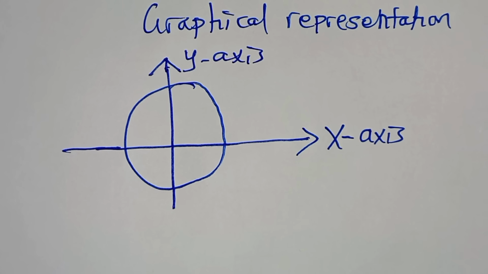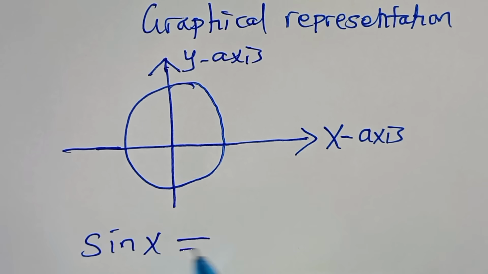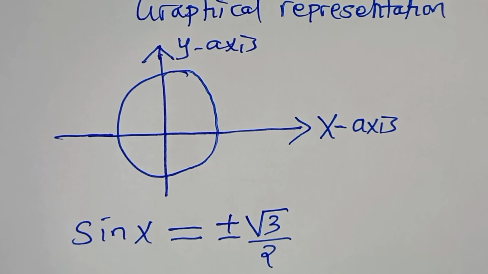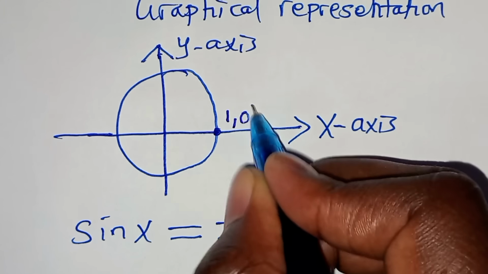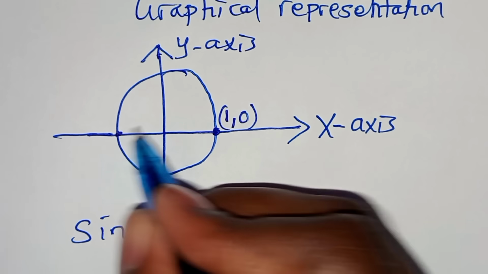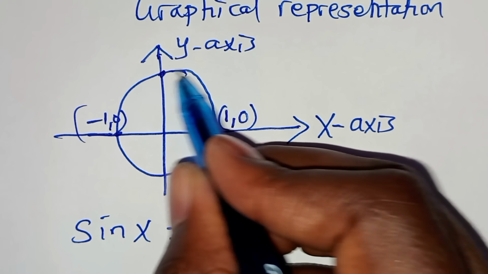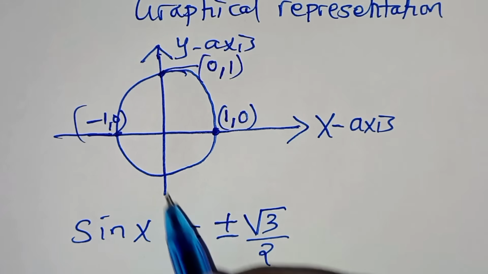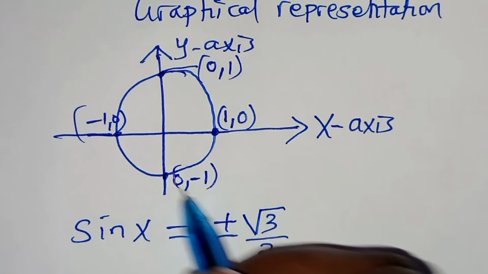Now we have that sine x is equal to plus or minus square root of 3 over 2. So we have that this point here is 1, 0, and here we have minus 1, 0. Here we have 0, 1, and here we have 0, minus 1.